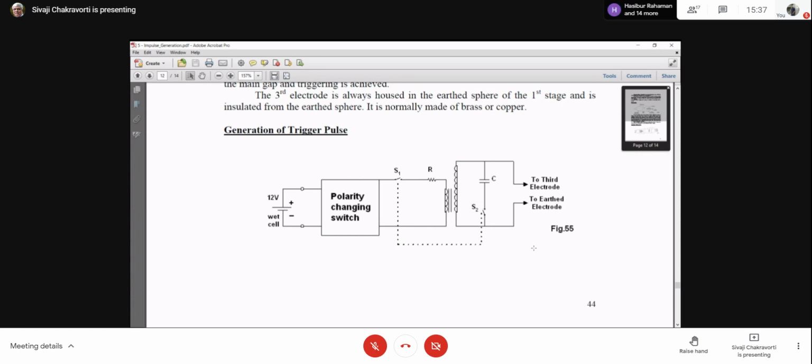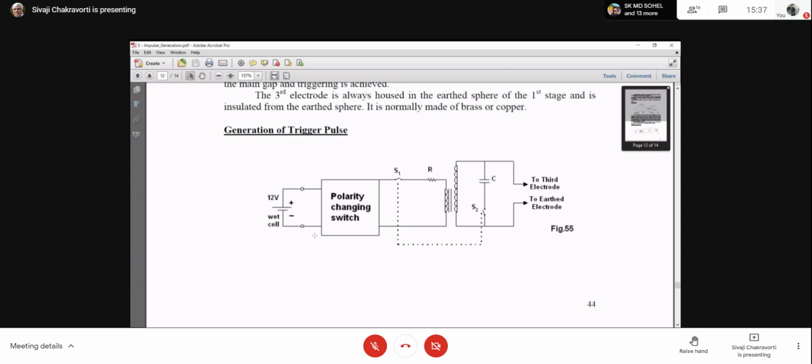This is the principle of operation of the pulse transformer. The transformer operates on the principle of change of flux linkage, which is linked with the magnetizing current that flows. And if that is of the nature of a pulse, definitely it will work.